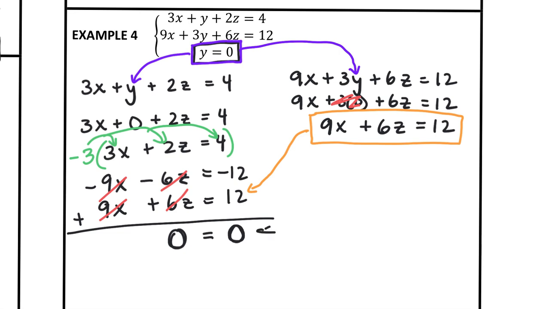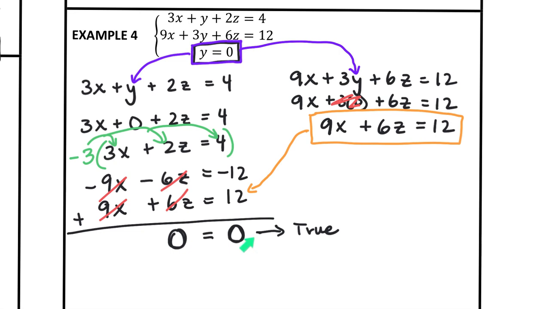Sorry, I'm just going to make an arrow here. So is this a true statement or false statement? The 0 equals 0. It's a true statement. Did I end up with a letter? With x or z? No, right? So I didn't end up with one solution.